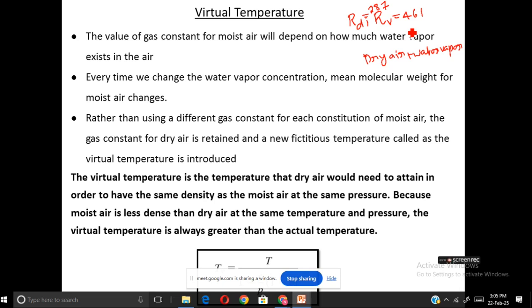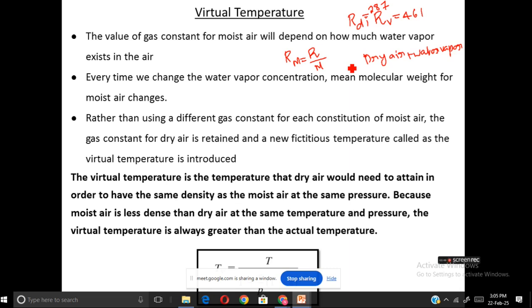Every time we change the water vapor concentration, the mean molecular weight of the moist air changes.